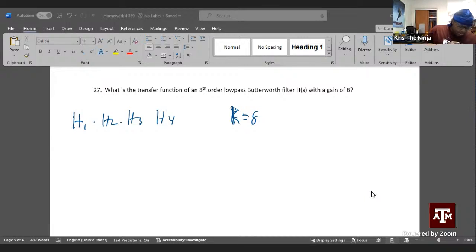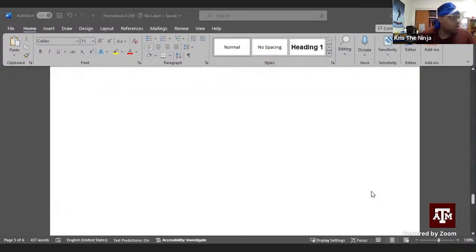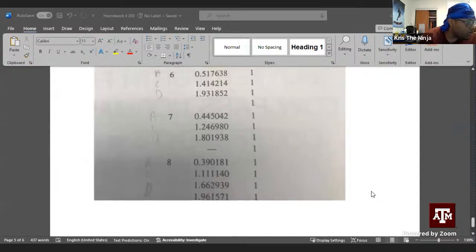We could do H(s) equals 2 omega C squared over s squared plus, for the eighth order, 0.39 omega C s plus omega C squared. That's one of them.